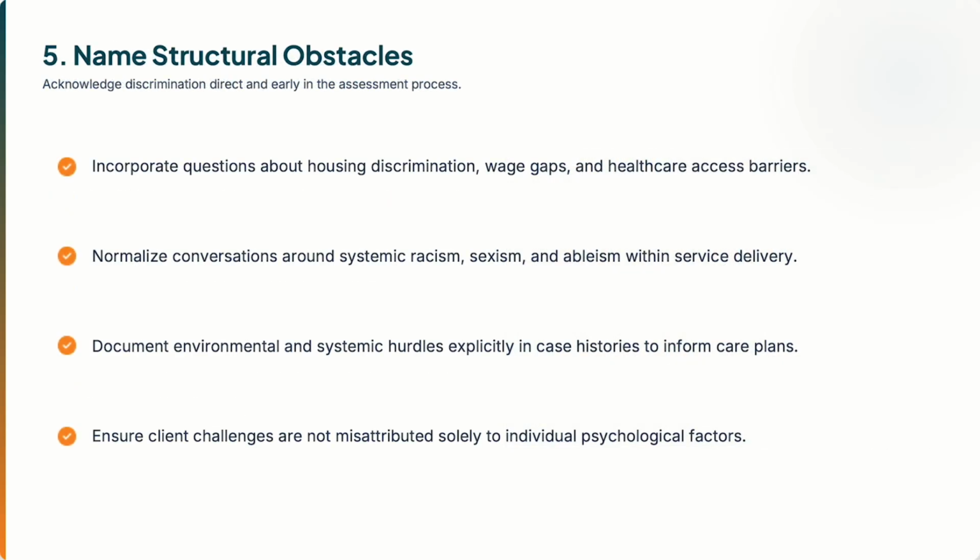Explicitly naming structural racism in healthcare and housing validates that client distress is frequently a rational response to systemic oppression. Utilizing a comprehensive person-in-environment approach means evaluating housing discrimination, wage disparities, and institutional bias alongside emotional health.